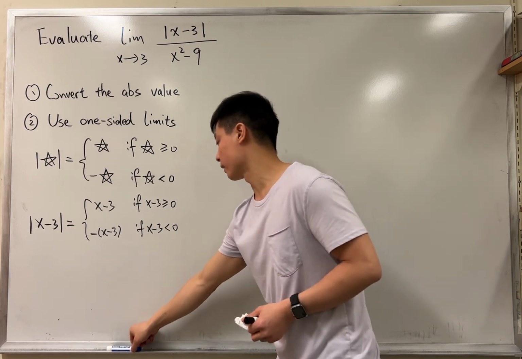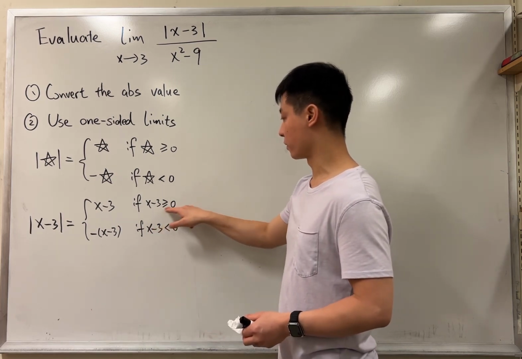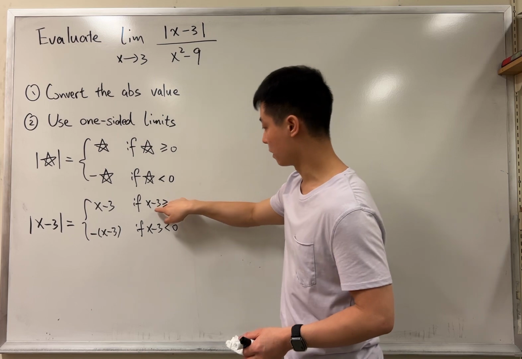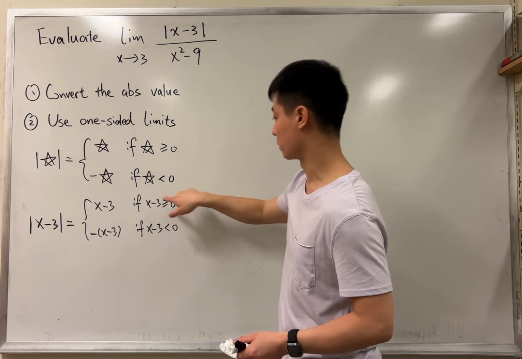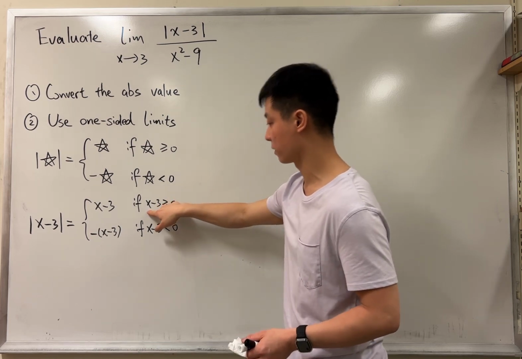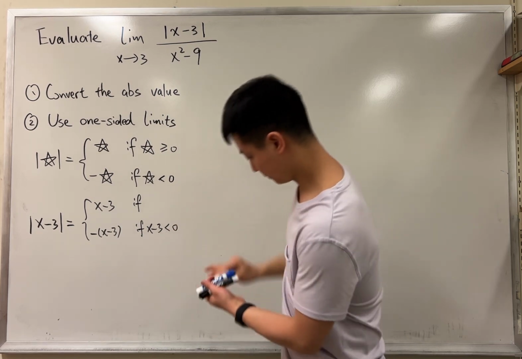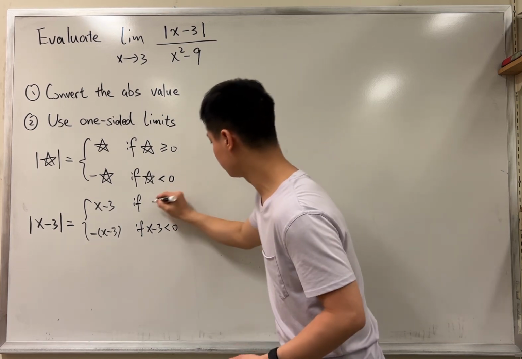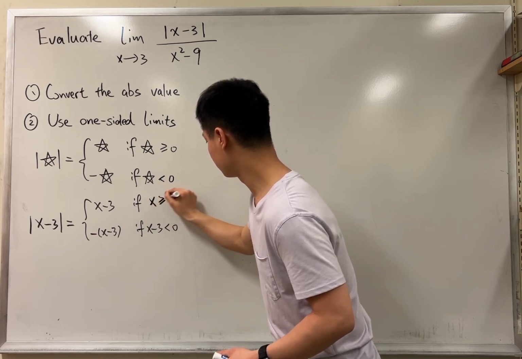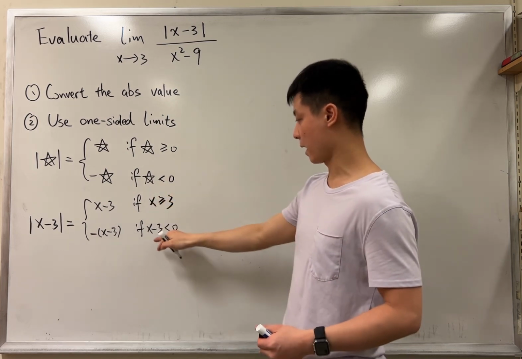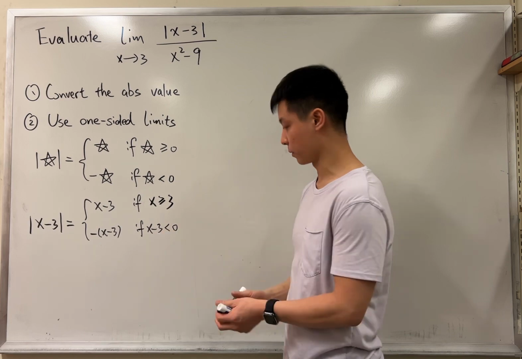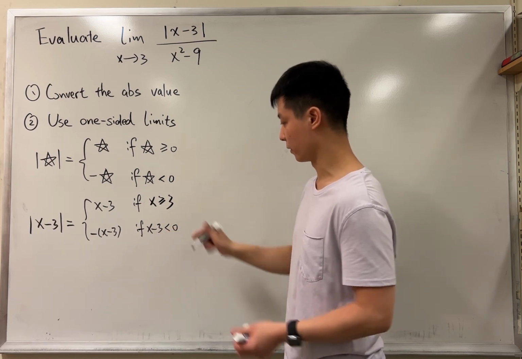Okay, so still we have this inequality here which we can solve to simplify this expression even further. So instead of writing x minus 3 greater than or equal to 0, I can think of it as moving -3 to the right side, so it becomes x greater than or equal to 3. And similarly, I can do it for the other expression by moving 3 to the other side.